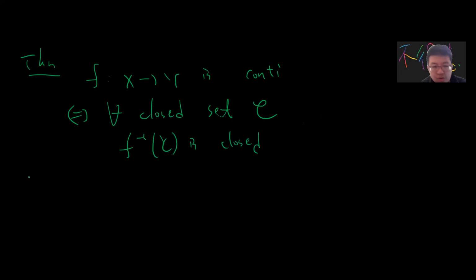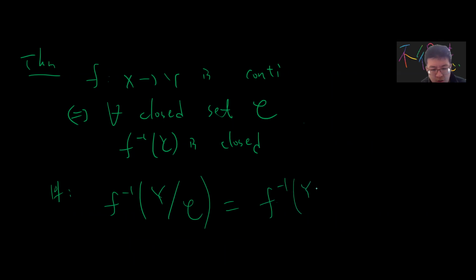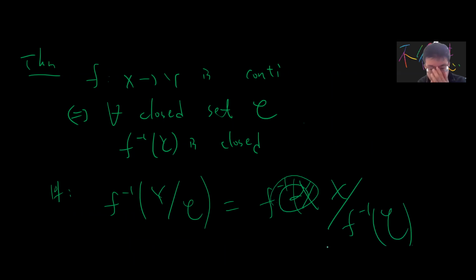The proof is just one line, because previously we had open sets. You can check that Y delete C has f inverse equal to X delete f inverse of C. You can check this; it holds for every set. So if you take an open set, its complement is closed, and it transforms to the right hand side. And yes, this is continuity.